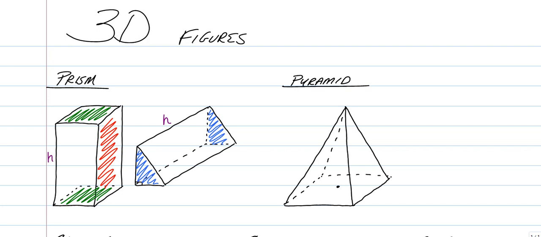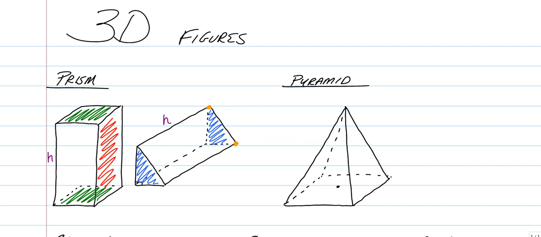When we get to surface area, you're going to basically add everything up, and that'll be your total surface area. But for right now, we're just talking about the parts of 3D figures. Other things that might be helpful to know is where your edges intersect. Those are called vertices. And of course, the straight lines are your edges.